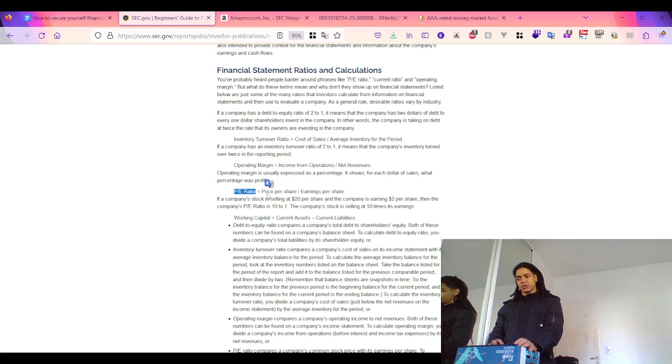P/E ratio is price per share divided by earnings per share. If a company's stock is selling at $20 per share and the company is earning $2 per share, then the company's P/E ratio is 10 to 1.